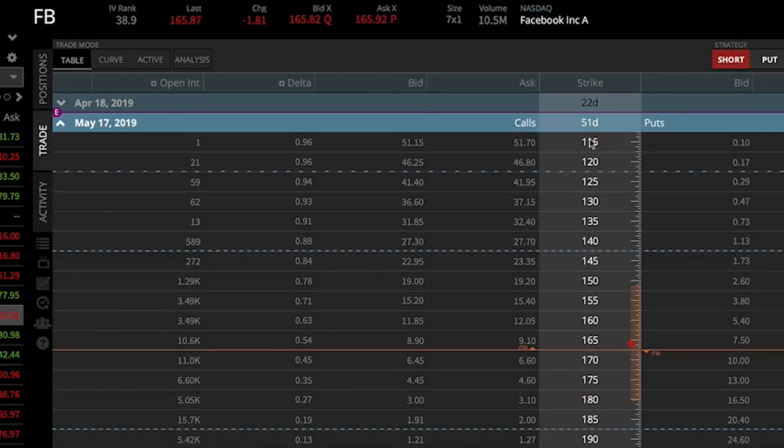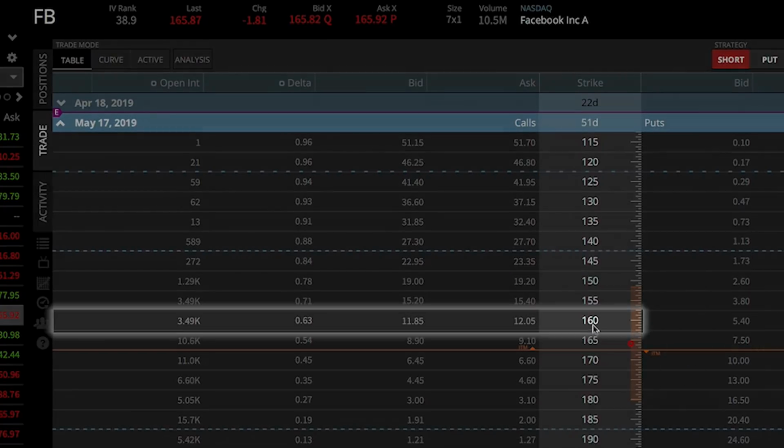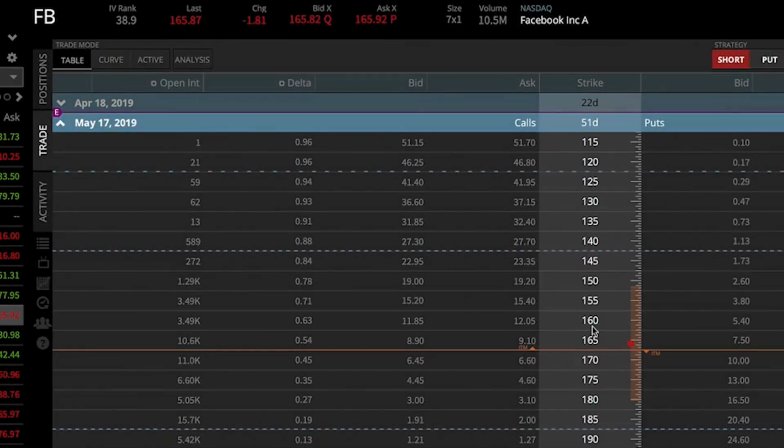Now, if we look up to the 160 call option, the call option with a strike price of $160, this option is being valued around $12, which is significantly lower than the 115 call. The reason for that is that this 160 call has the ability to purchase Facebook shares at $160 a share, but with Facebook at $165.87, this 160 strike price is only $5.87 less than the current stock price, whereas this 115 call has a strike price that is just over $50 below the current share price.